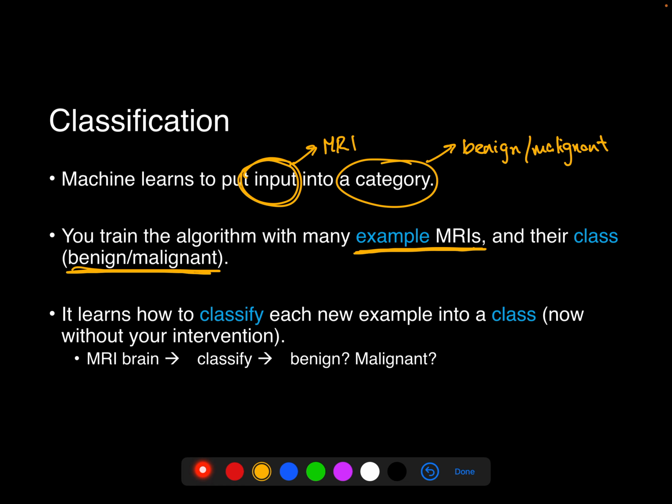You give it the data set, and then from that, it learns how to classify each new example into a class. And once it has learned this, it does this without your intervention. So step by step, you give it the MRI brain, it classifies it, and what it outputs is whether the scan shows a benign tumor or a malignant one.